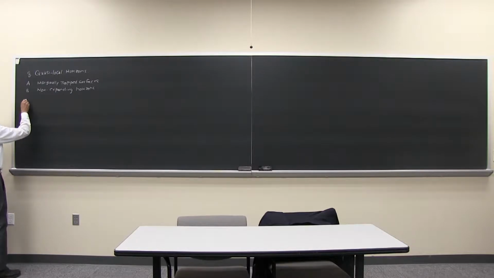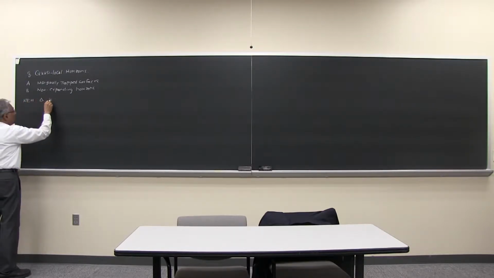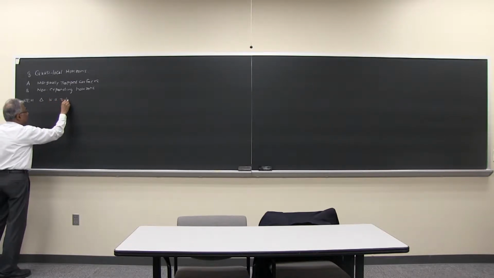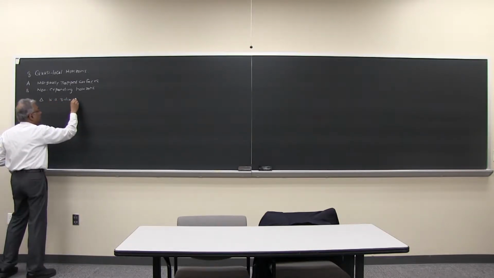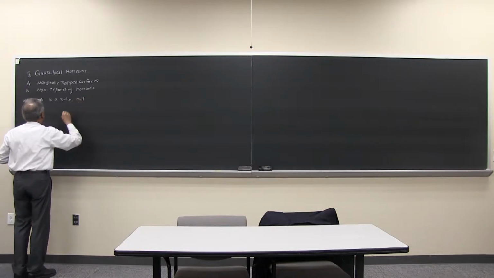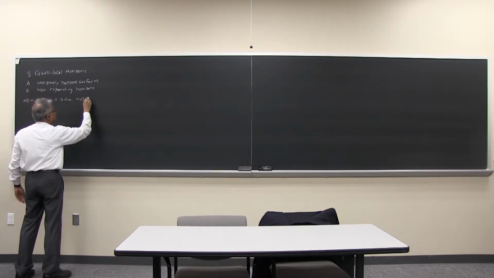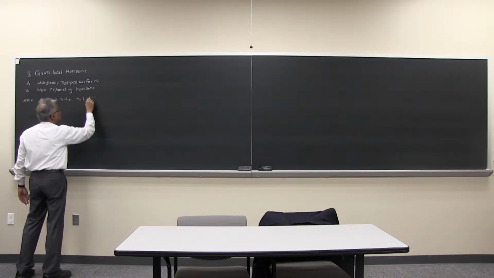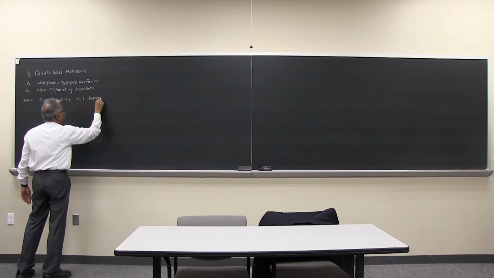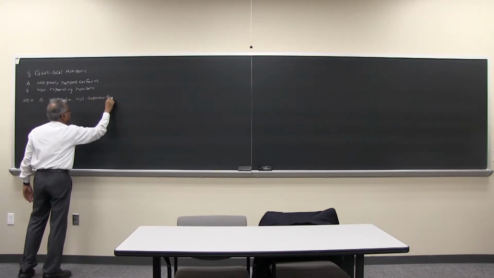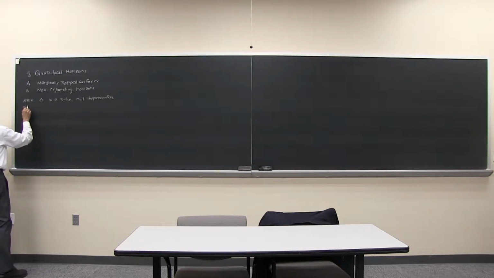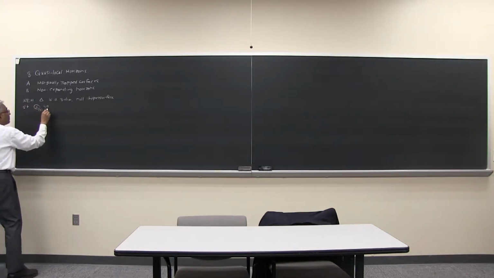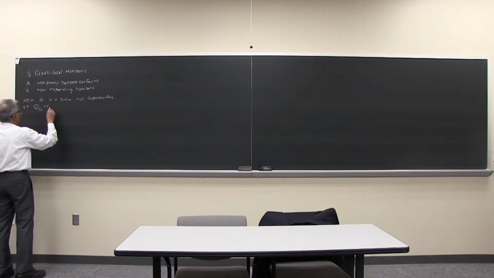So a non-expanding horizon, we call it delta, is a three-dimensional, everything is smooth, null surface, null hypersurface, such that the expansion of its null normal is 0.